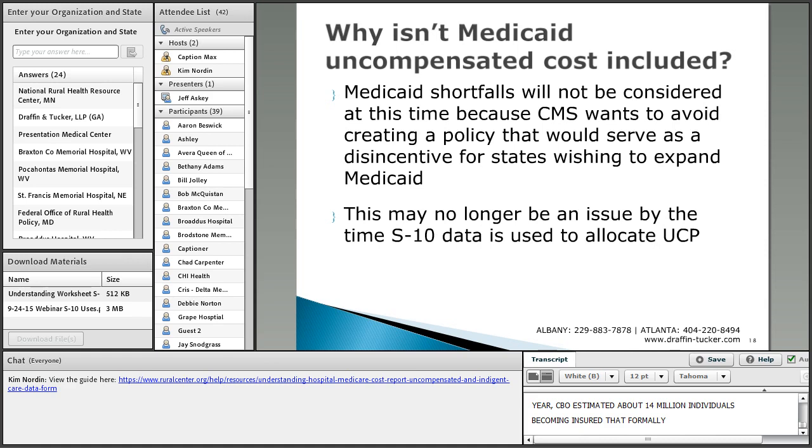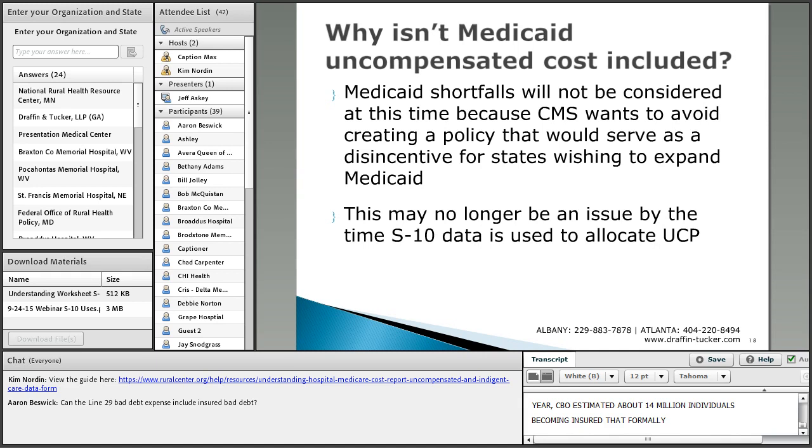Okay, I mentioned when they initiated the change that they wanted to, again, compensate providers for uncompensated care. They wanted to use the S-10 data to determine the allocation percentages, but because of concerns they had over inaccurate and inconsistent data, currently we have continued using the empirical DSH methodology. Again, removing the cap for some, but continuing the empirical DSH methodology to currently allocate uncompensated care payments to providers.